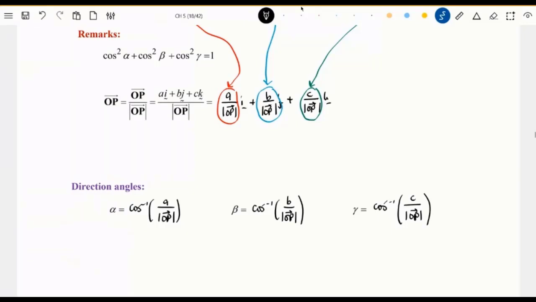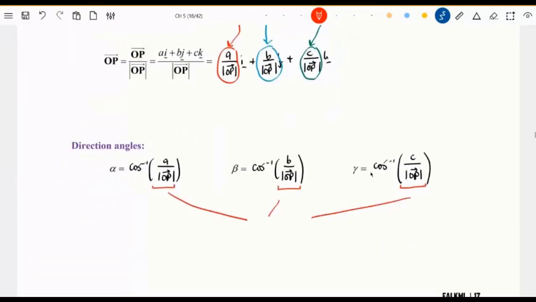Dan one thing yang kamu kena ingat, always remember inside this bracket must be positive value, sebab kita nak cari acute angle. Inside the bracket mesti positif.